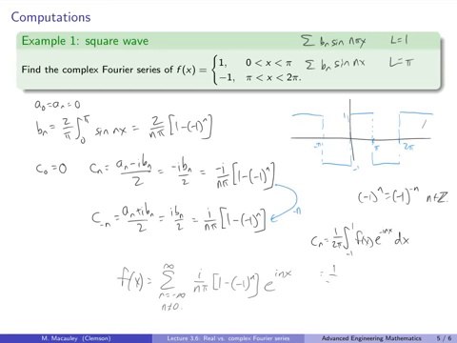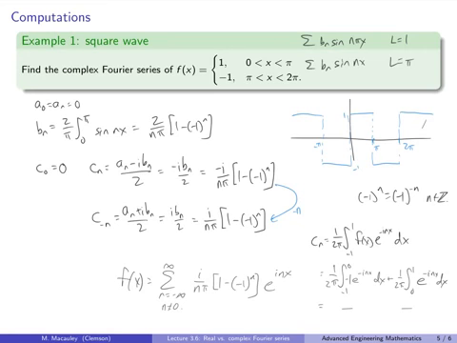We needed to do 1 over 2 pi times the integral from negative 1 to 0 of negative 1, because the function is negative 1 down here, times e to the negative i n x dx, plus 1 over 2 pi times the integral from 0 to 1 of 1 times e to the negative i n x dx. So we had to do these two things separately, and it was more complicated.